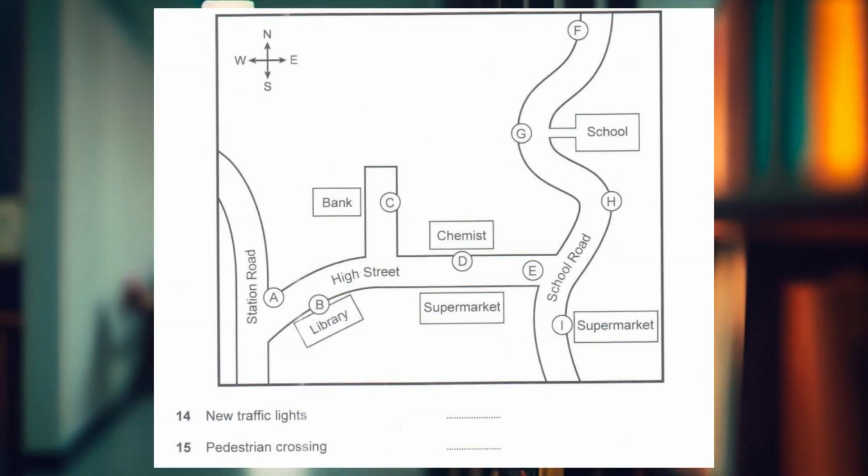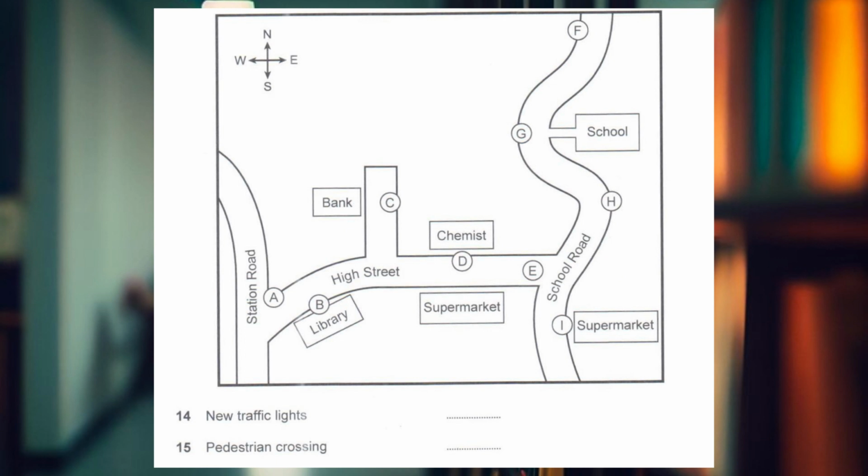Now in this question, for example, we are asked to label a map of the part of a town. We can see some landmarks like school, supermarkets, chemist, library and bank, and 3 roads, namely Station Road, High Street and School Road.